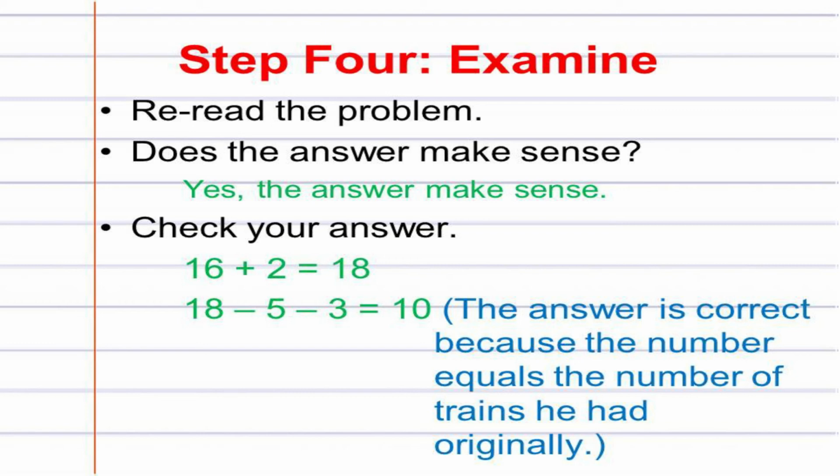When we go back a while ago, the number of trains that he has is 18, minus 5, which is the trains from his parents, then minus 3 trains from his aunt. So it is equal to 10. As we can see, the answer is correct because the number equals the number of trains he originally has.